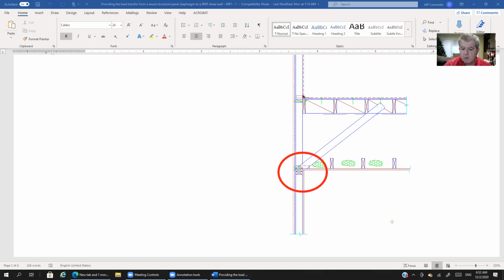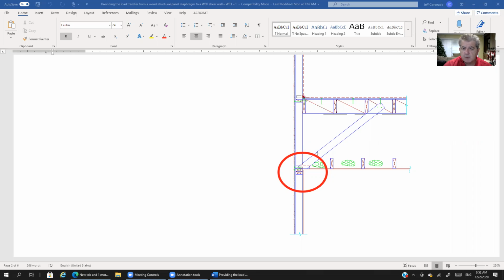That's how we represent a double top plate. Double top plates serve multiple functions for us as structural engineers. That's covered in other tutorials in Bridging the Gap. If you have questions on that, leave me a note at the end of this tutorial, and I'll try to point you in the right direction on what tutorials to look for to cover that material.